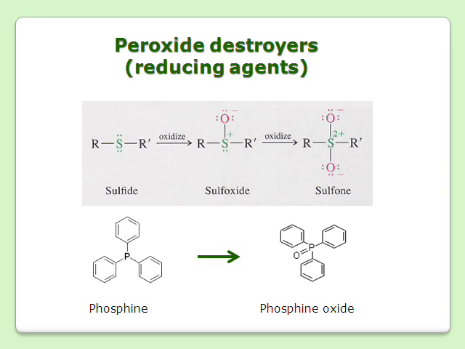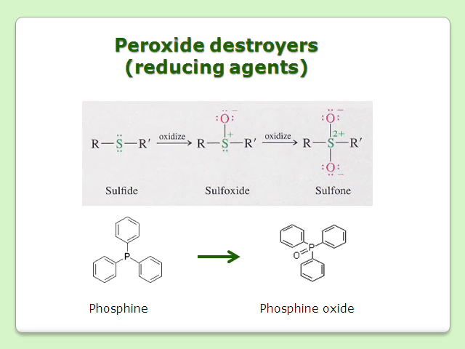Reduced sulfur compounds are oxidized to sulfoxides or sulfones, depending on how far the oxidation process goes. Phosphines, like this compound triphenylphosphine, shown here, also react rapidly with oxidizing agents, and the product of that reaction is phosphine oxide.